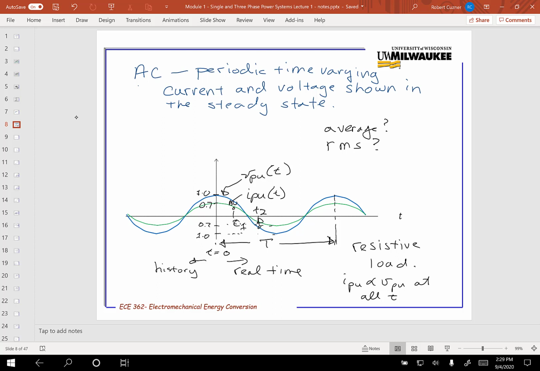And so what we want to do is take the average or the RMS over this period here. It's periodic, and when it repeats we would get the same average or RMS. So that's how we constrain our average or our RMS calculation.